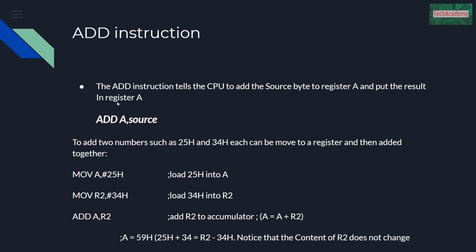Here the syntax is similar to the move instruction, but there is one difference. The add instruction tells the CPU to add the source byte to register A and put the result in register A again. Here we are not specifying another destination register.